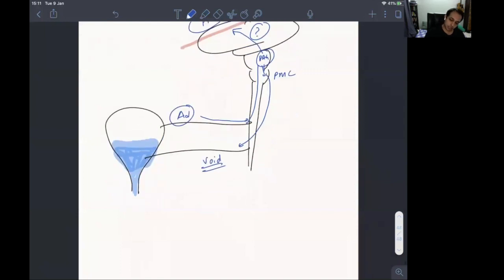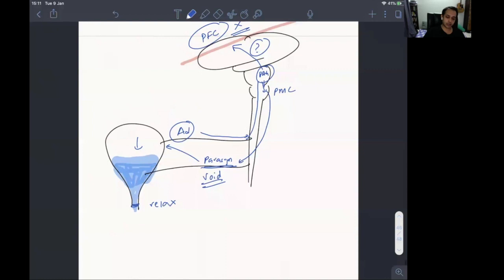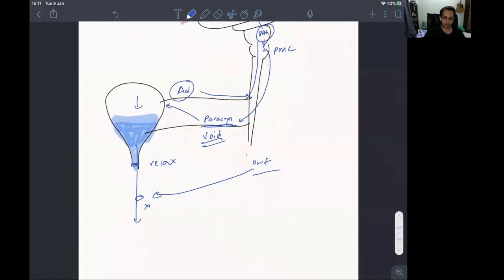And when the command for voiding comes, the parasympathetic supply will work like it is supposed to. So it will act on the detrusor to contract. And once the detrusor contracts, the internal sphincter will relax. And because your prefrontal cortex is gone, your Onuf's nucleus will not cause your external sphincter to contract, because why should it? So then you will have voiding.